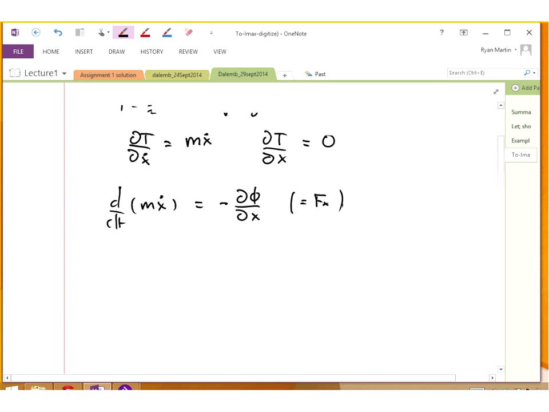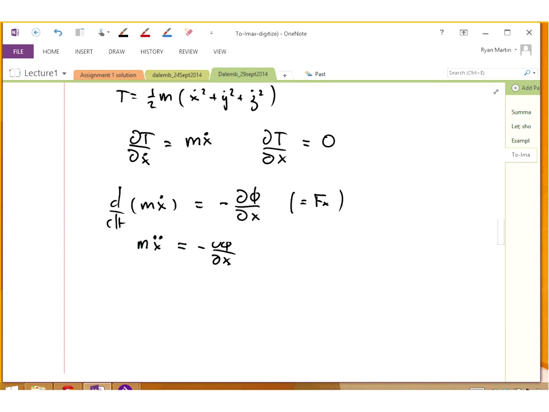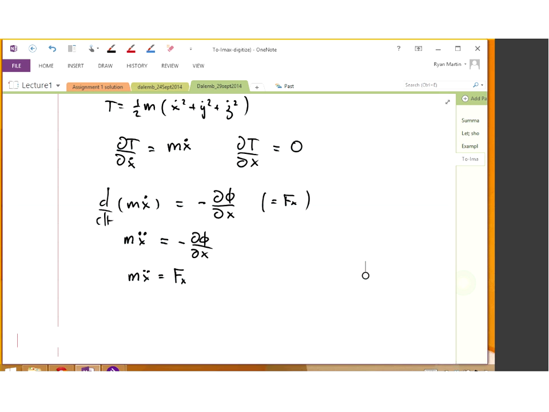So d/dt of mẋ, m does not depend on time, so what we get is mẍ equals minus ∂φ/∂x. And we know that minus ∂φ/∂x is the same as Fx, right? And so in fact, using D'Alembert's principle, we've recovered Newton's second law.